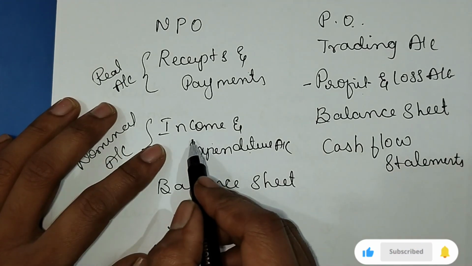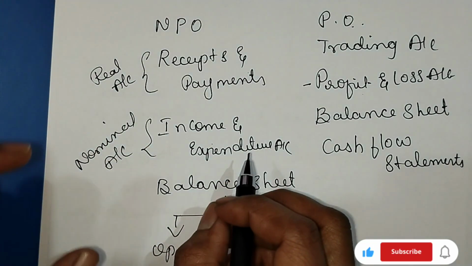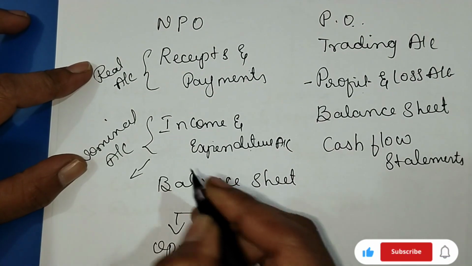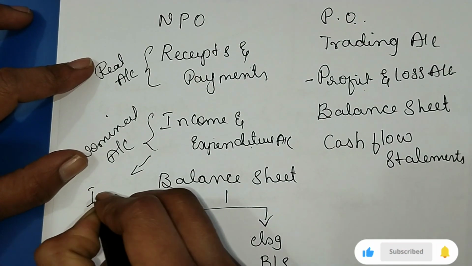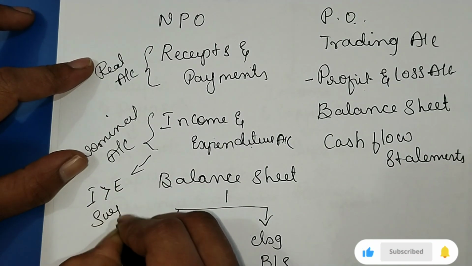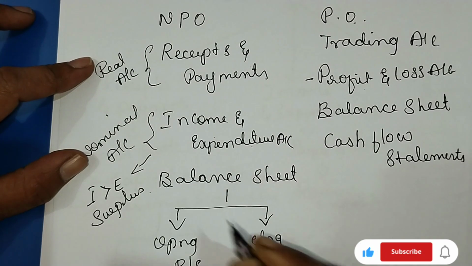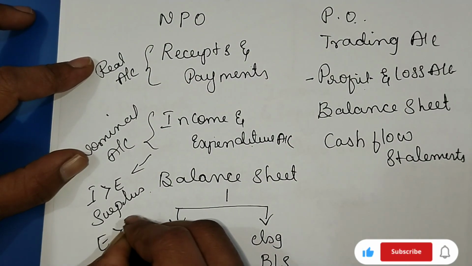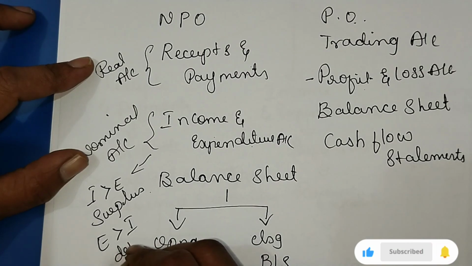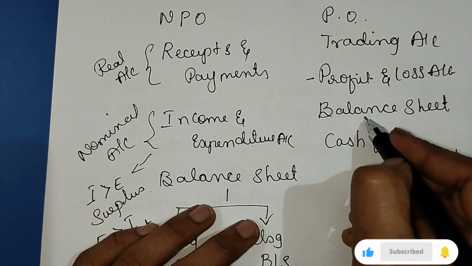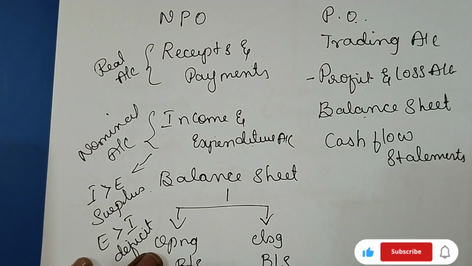So instead of net profit or net loss, when the income exceeds the expenses, we'll call it surplus, and when expenses exceed the income, we'll call it deficit. And balance sheet here we are preparing.